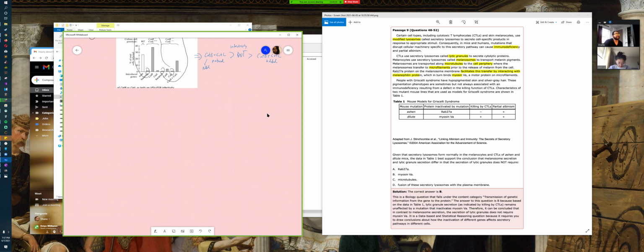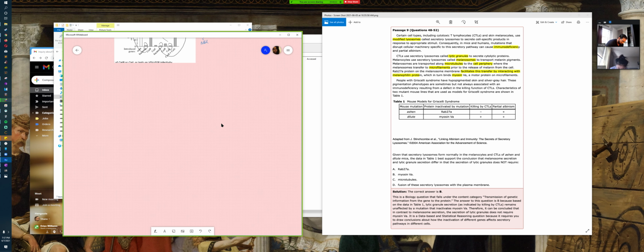These both use modified lysosomes, secretory lysosomes. So I'll write this out: CTLs plus melanocytes, I'm just going to use capital M. They both use secretory lysosomes.